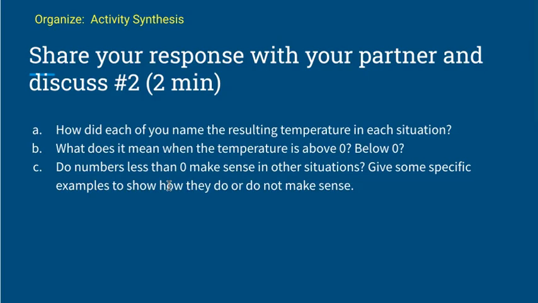Do numbers that are less than 0 make sense? Well, yeah, if we think of 0 as being where water freezes, it can obviously get colder than that because there are materials that you can keep colder than that. So numbers that are less than 0 are possible.